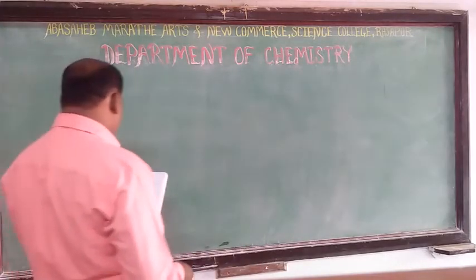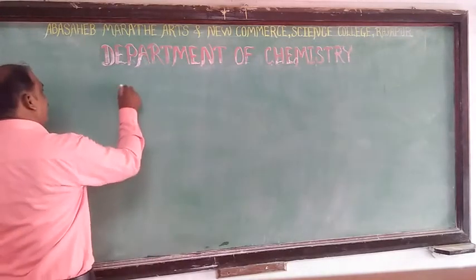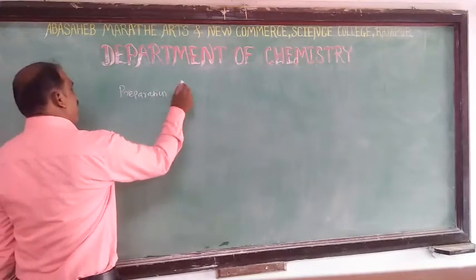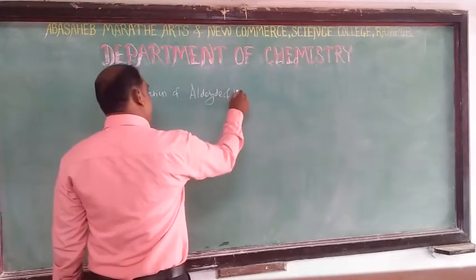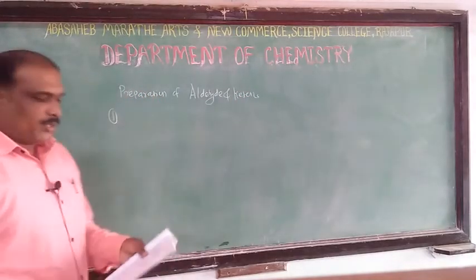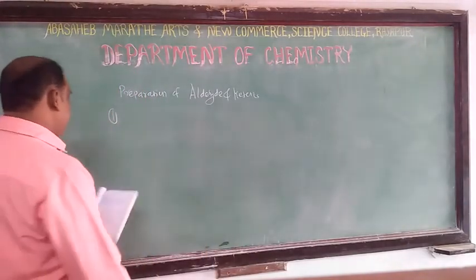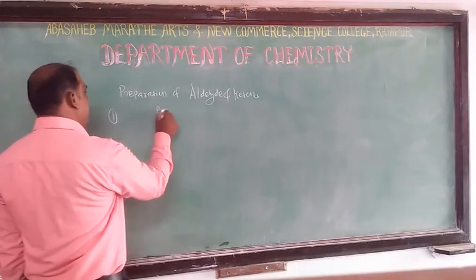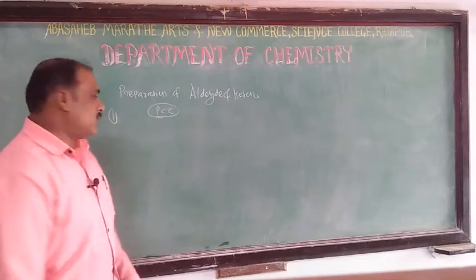First, the methods for the preparation of aldehydes and ketones. The first reaction is to prepare the aldehyde from alcohols by using PCC, pyridinium chlorochromate.